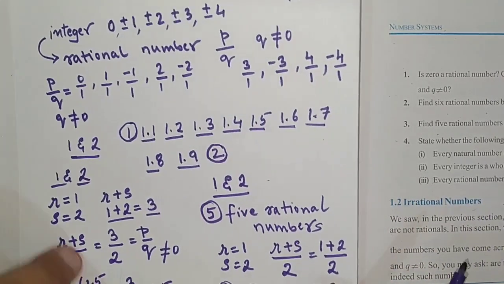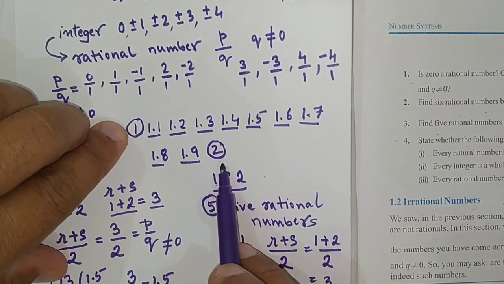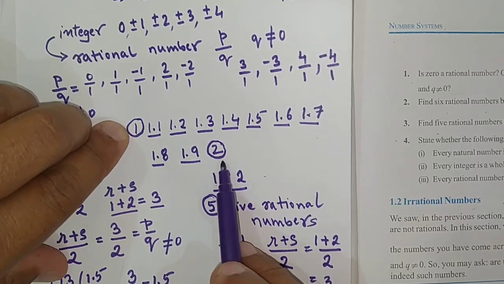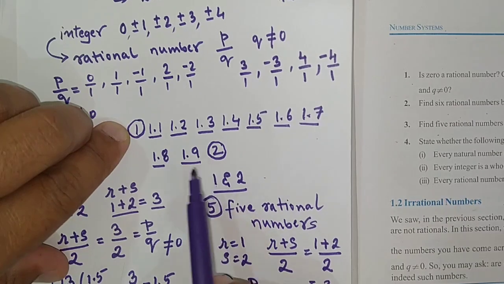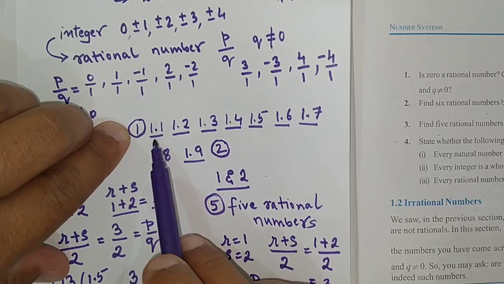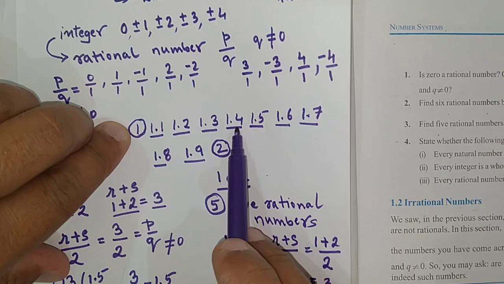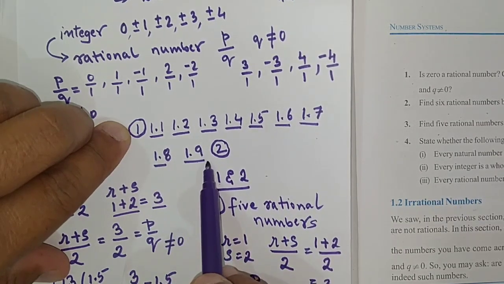Between 1 and 2, you need to find any 5 rational numbers. You have many numbers: 1.1, 1.2, 1.3, 1.4, 1.5, 1.6, 1.7, 1.8, 1.9.